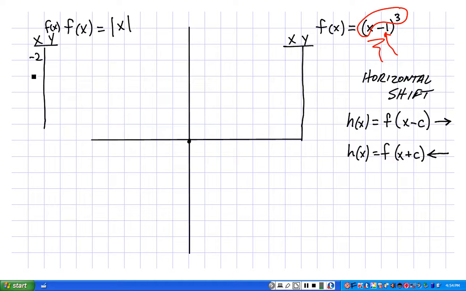So once again, -2, -1, 0, 1, 2. So plug in a 2, absolute value of 2 is 2. Plug in a 1, 1, 0, 1, 2. Come over here. Now over here I want absolute value of x plus 1.